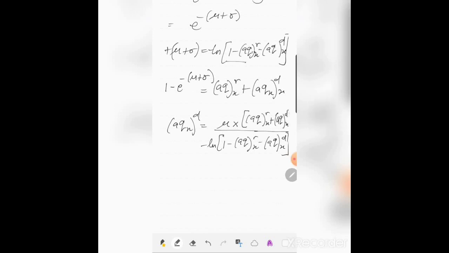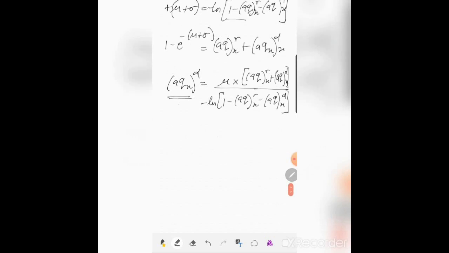So I'm able to find aqxd in this particular form. So from here I get the value of nu.